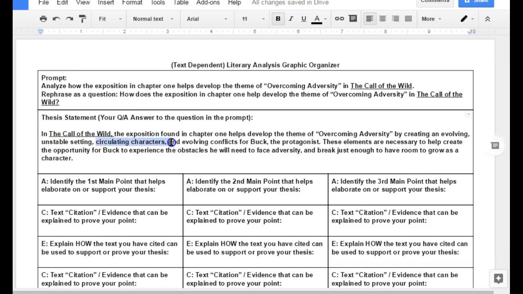The circulating characters. I can spend time evaluating that and analyzing how within the first chapter, the first 21 pages or so, Buck is removed from a very stable situation and he's pushed into a variety of situations in which he's not sure how long he's going to be in any of those particular experiences, or how long he's going to have to deal with any of the characters that he encounters.